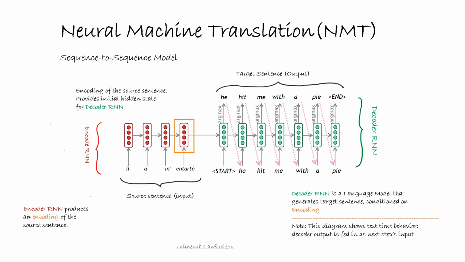All of these are not that. What we have is an input sentence, let's say the source sentence, in the language that you wanted to translate from, right? That will be given as an input to the encoder.